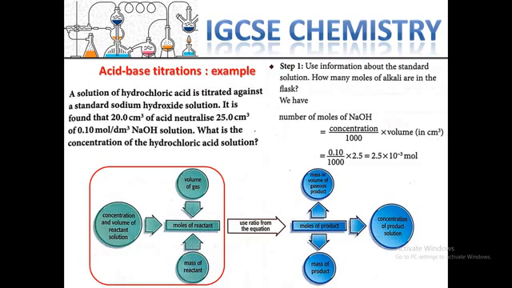We have a flow chart here which is very important, and we need to use every piece of information that we can get from our reactants and from the question as a key to find the moles of reactants.